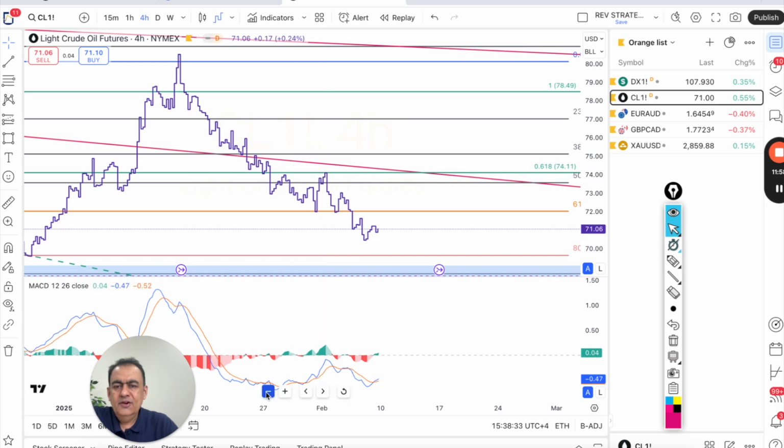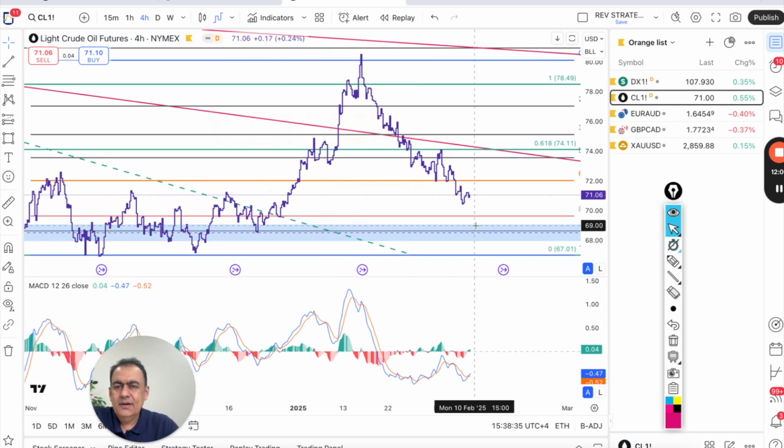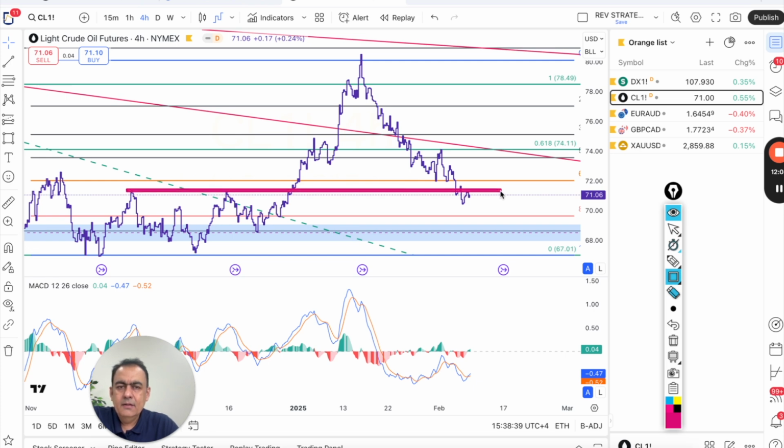Now on 4-hourly chart, I can see that sellers are exhausted and it has gone back to a very important area, and here we have exhaustion because I can see bullish divergence between these two lows.